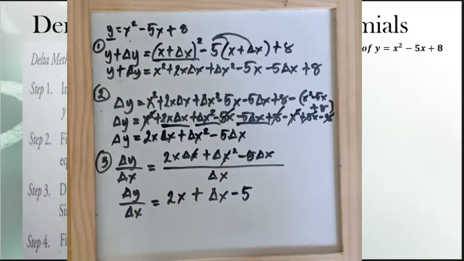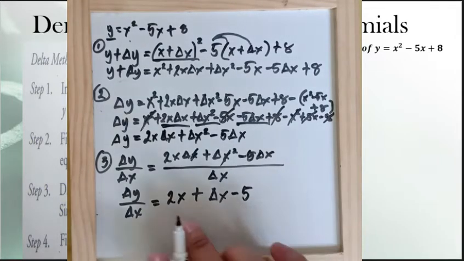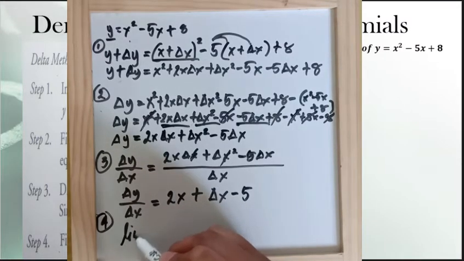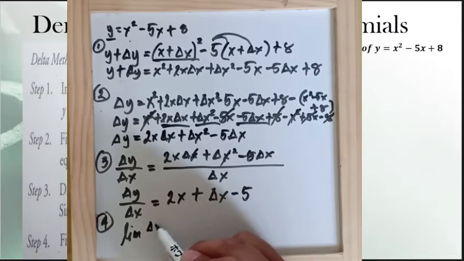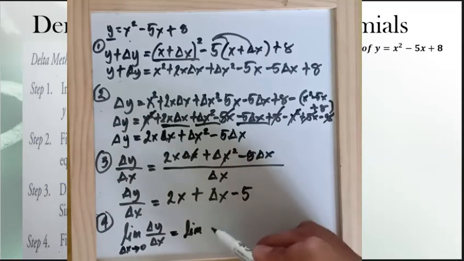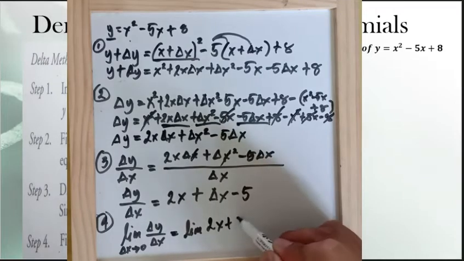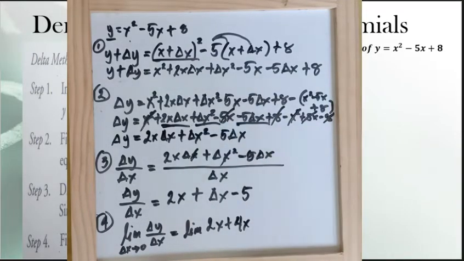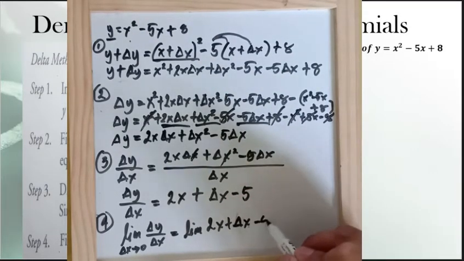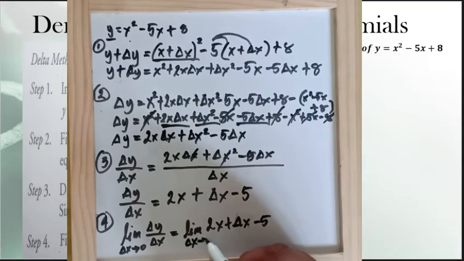For the last step, find the limit of this function, this delta y over delta x is equal to 2x plus delta x minus 5 as delta x approaches 0. Step number 4, find the limit of delta y over delta x as delta x approaches 0, or the limit of 2x plus, no, that's delta x, so delta x minus 5 as delta x approaches 0.